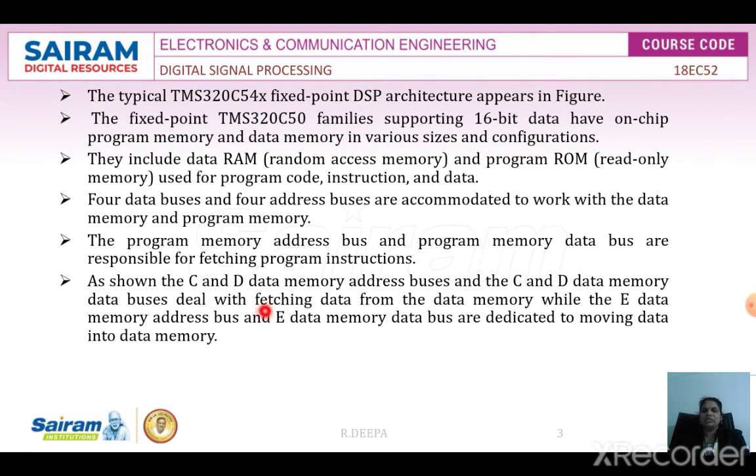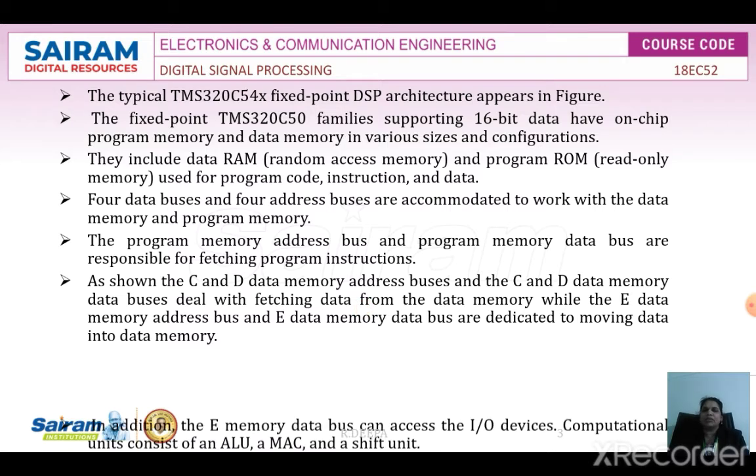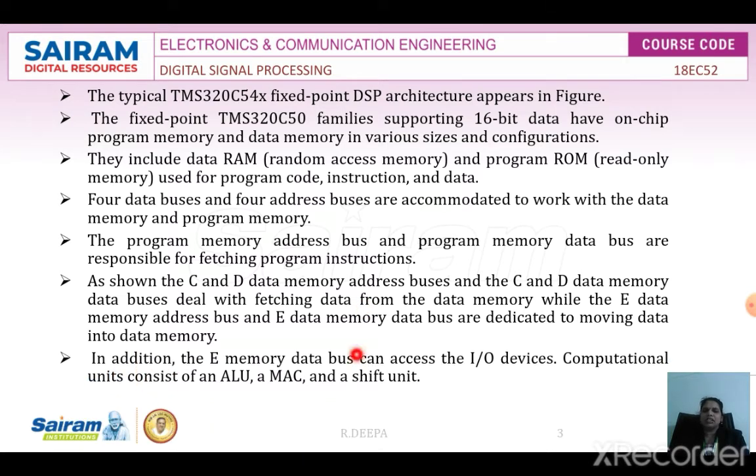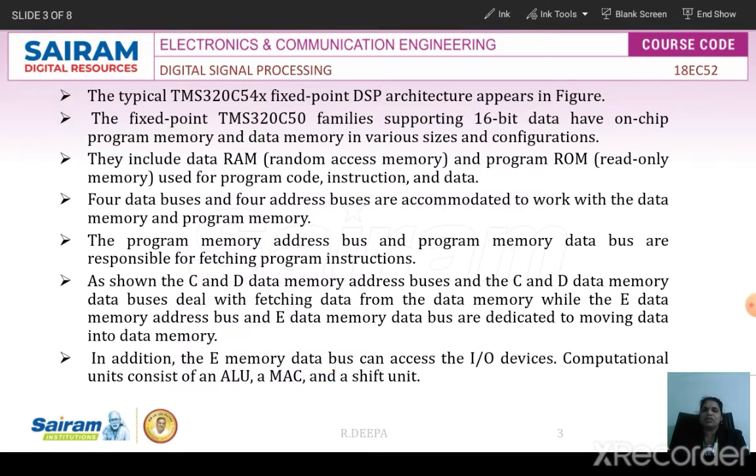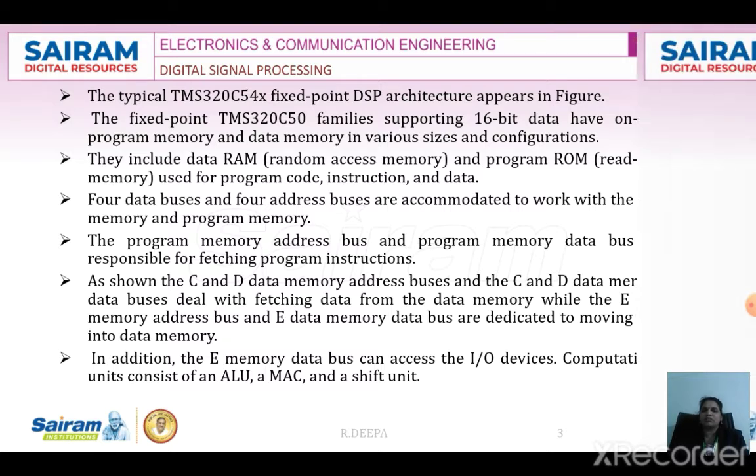And as you can observe, we have data address buses C and D, where you can fetch the data from the data memory, and we have got the memory data bus E, which can be used for moving the data into the data memory. And in addition to that, this memory data bus can access the input output devices, and also the computational units such as the arithmetic and logic unit, MAC unit, and shift unit.